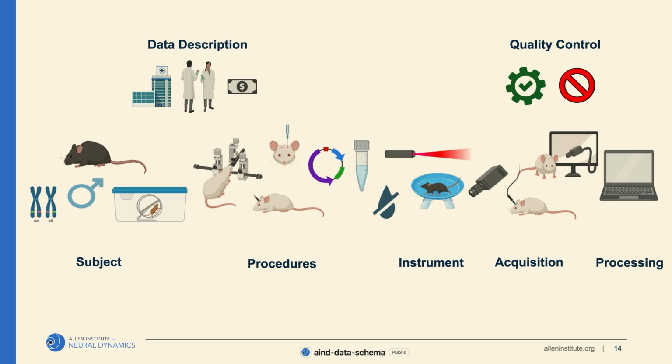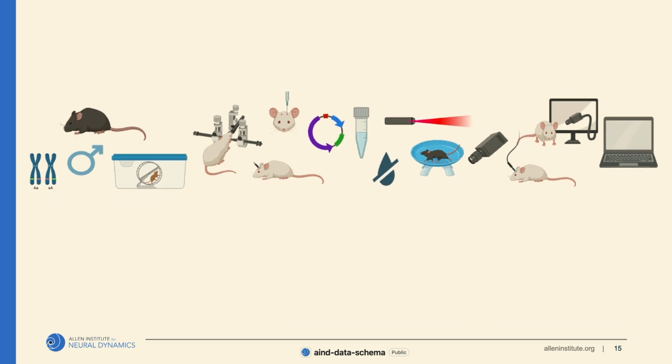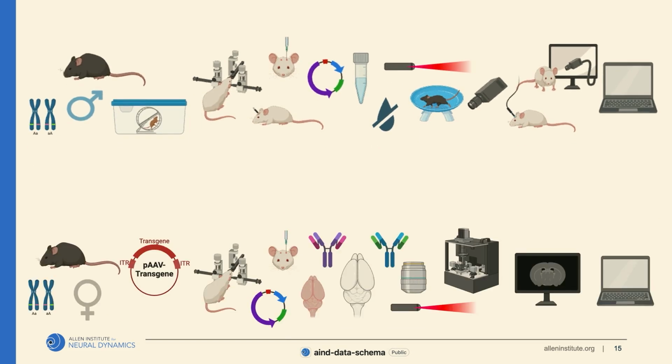I want to point out, as I mentioned at the beginning, we collect a lot of different types of data, and so it's important that our schema allow us to describe not just this fiber photometry example, but lots of other types of experiments. And so here's another example of another mouse, because again, we just use mouse. It also got viruses, but different viruses were injected. And then we perfused the animal and extracted the brain, and we expanded it, and we gelated it and cleared it.